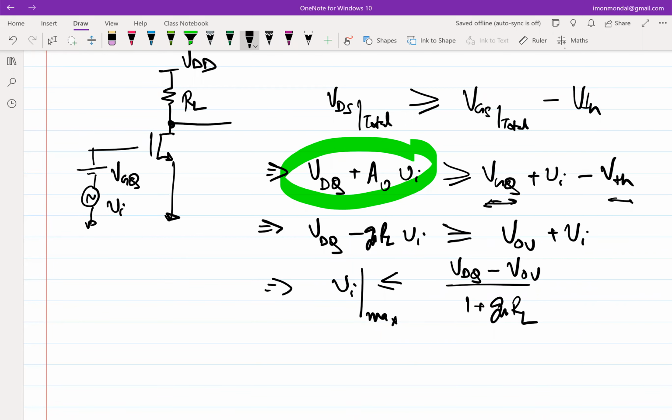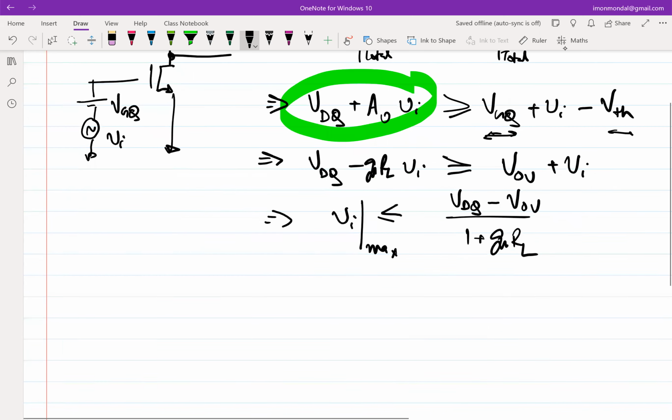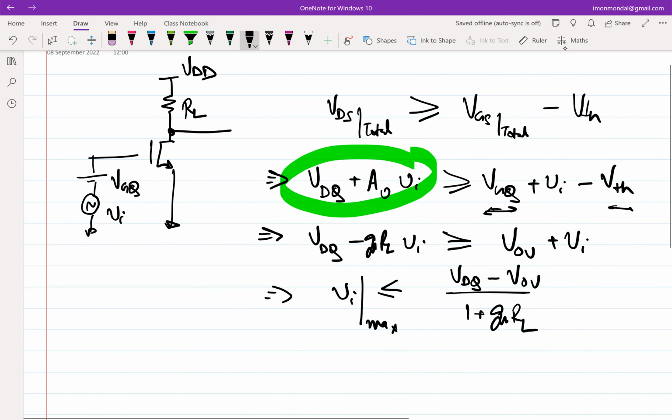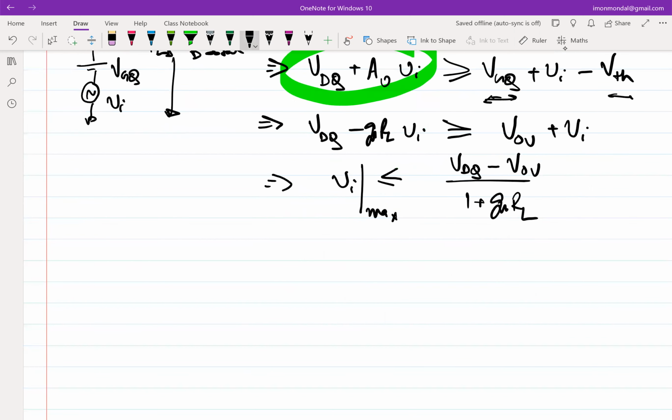So my total current is how much? If I say this I total, what did I conclude here? I said the I total is IDQ plus GM times VI. This is what I said the I total to be.